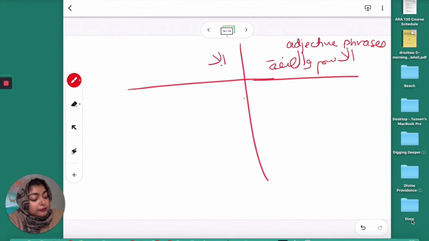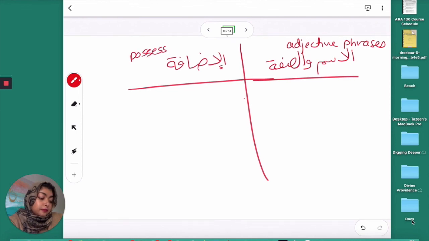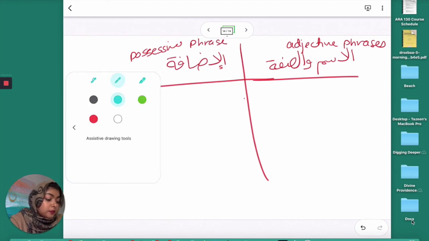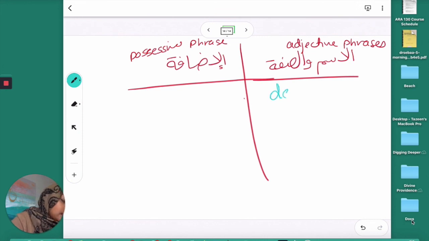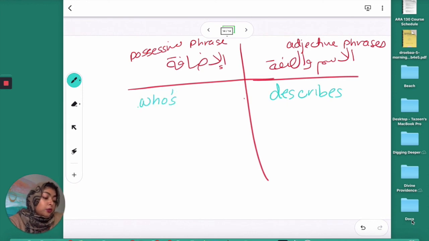Al-Idafa is a possessive phrase. So while an adjective phrase describes, Idafa tells you whose it is.